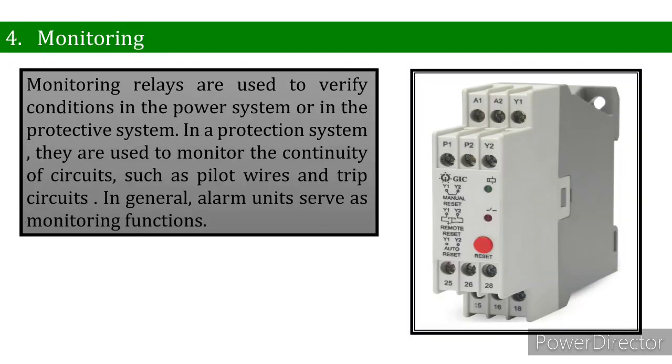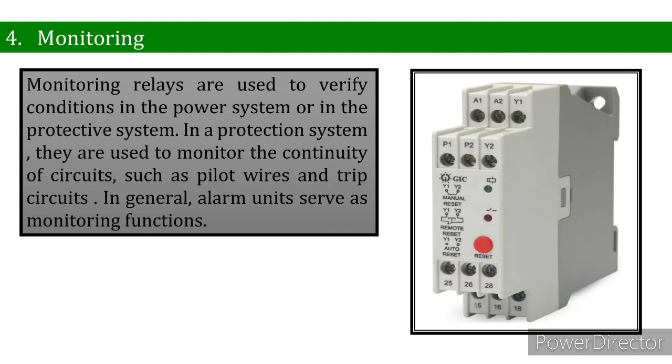The fourth one is monitoring relays. Monitoring relays are used to verify conditions in the power systems or in the protective systems. For example, in power systems we have fault detectors, voltage checks, or directional sensing units that confirm power system conditions, but do not directly sense the faults or trouble.